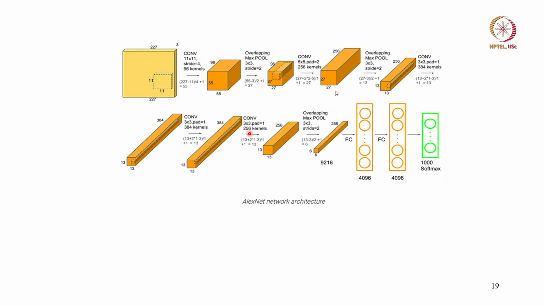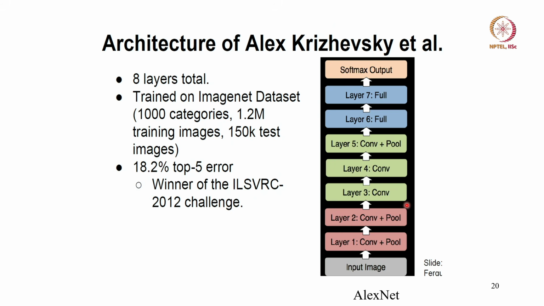So what is happening is you are reducing the size of the image as you go on, till finally you are getting 6 by 6 by 256, which is then flattened and passed through these things. So you are going to get 4096 as the number of neurons in this vector, and then you are using fully connected layers to get the output. So this is what is called the AlexNet.